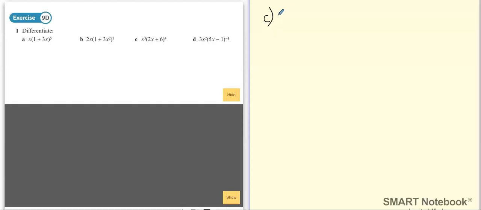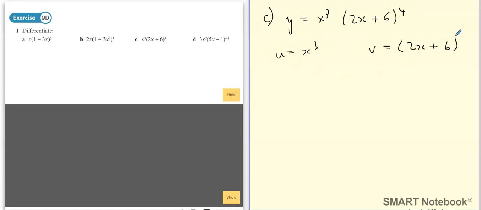So I'm just going to write y equals x cubed (2x + 6) all to the power of 4. So here I'm going to say u equals x cubed, v equals (2x + 6) all to the power of 4.